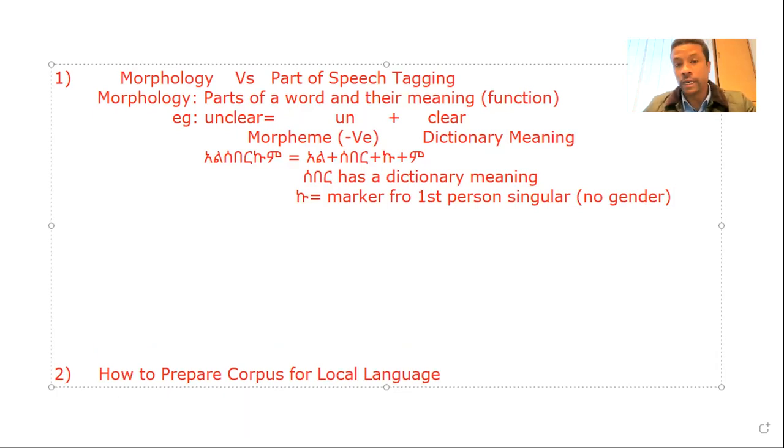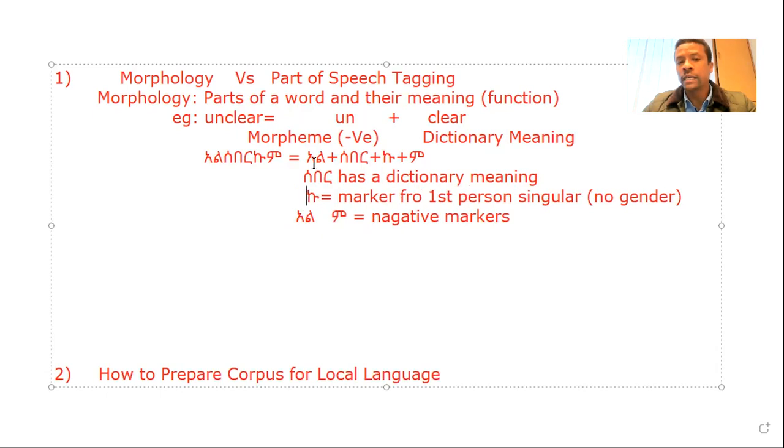And the other parts of the same word, if you take these parts, "al" and "m", in combination, these are negative markers. So as you can see, making such an analysis of a word, the word is "al-sabarkum", but we divided it into 4 parts, and these parts have their own contribution to the meaning of the word.